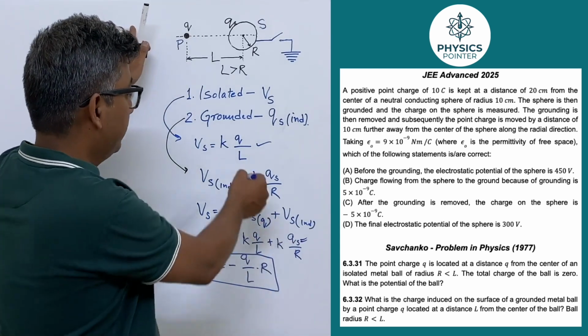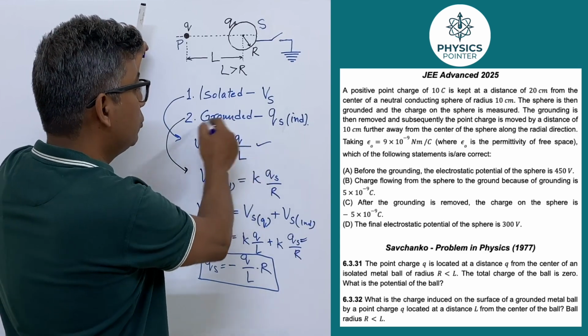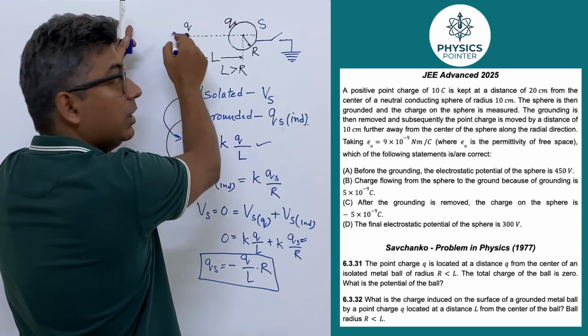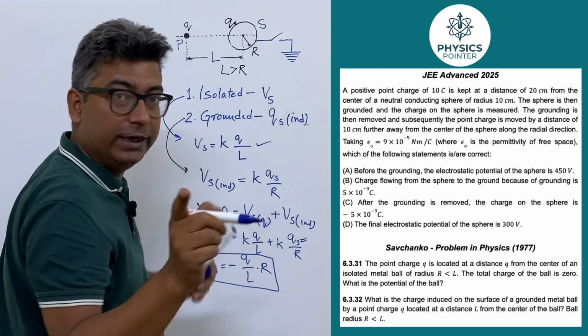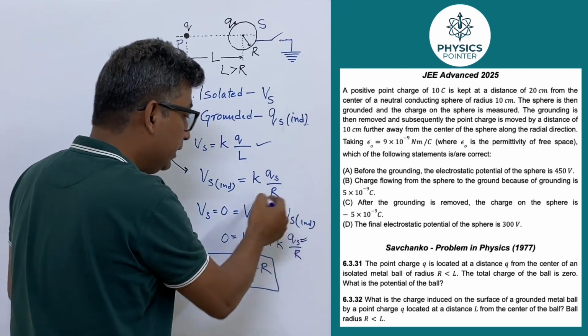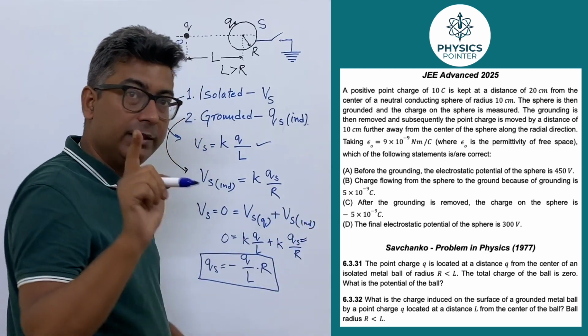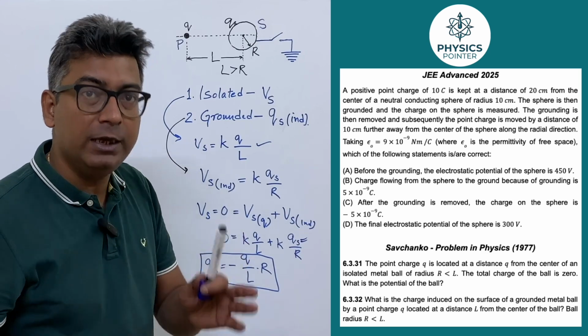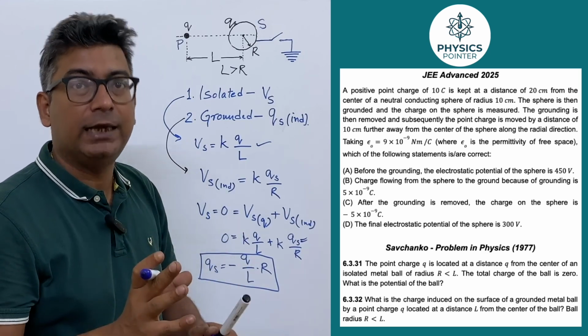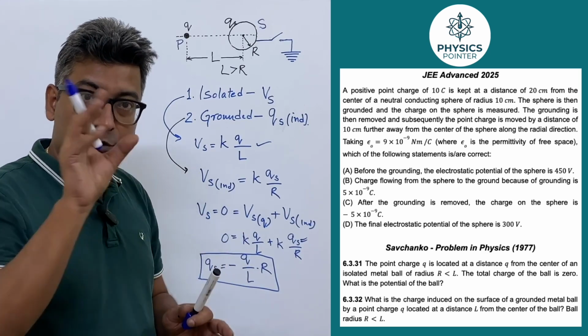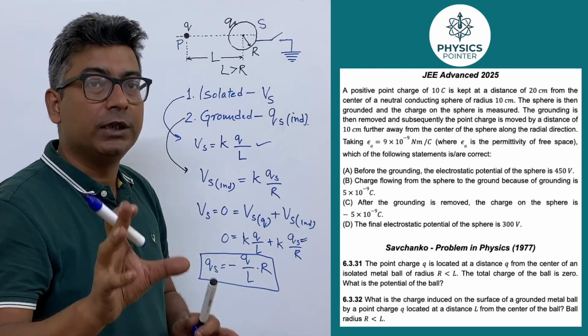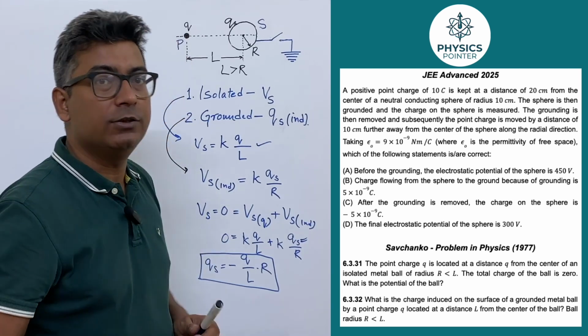That means the Vs that was due to this point charge on the sphere will change, but the Vs induced will remain the same. So there will again be a potential difference that is created. So the sphere will again get some potential. So on that line, you can go ahead and solve the problem.